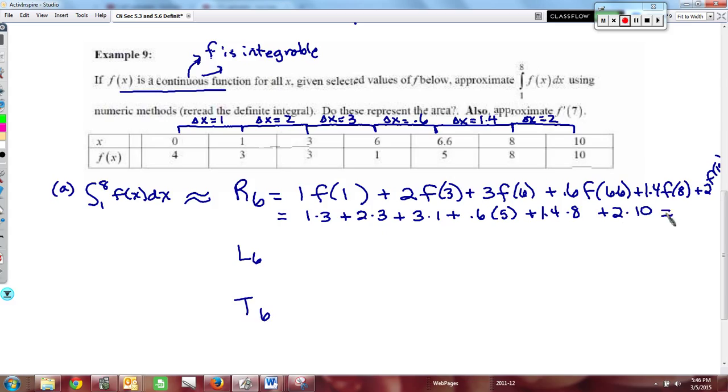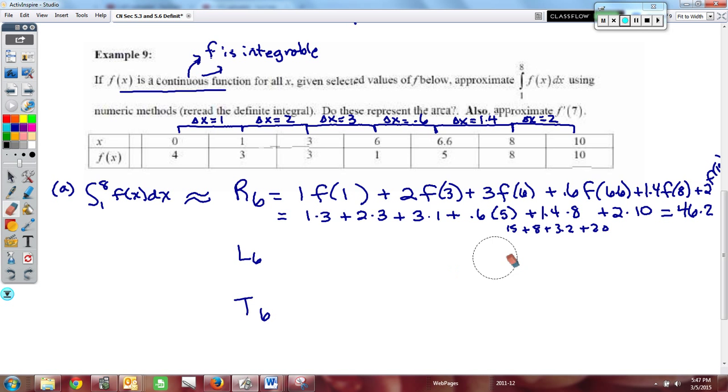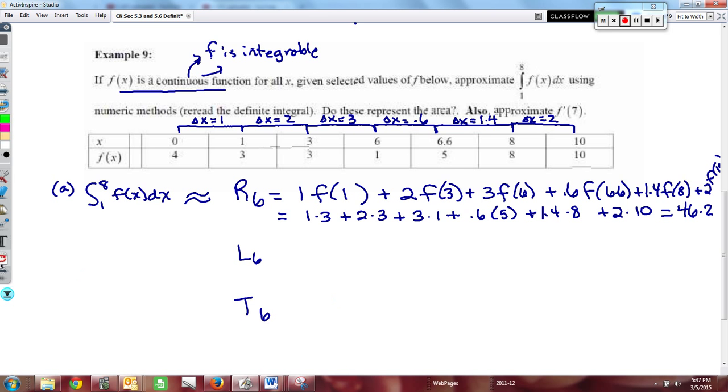And then we basically add all this up and combine it together. So we would have 3 plus 6 is 9, plus 3 is 12, plus another 3 is 15. So I'm at 15 right here. And then I have 1.4 times 8, so that would be plus 8 plus 3.2. And then I have 2 times 10, plus 20, so we're at 35, 43, 46.2. 46.2.